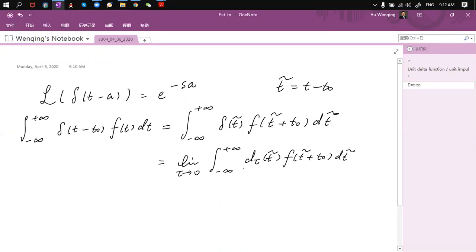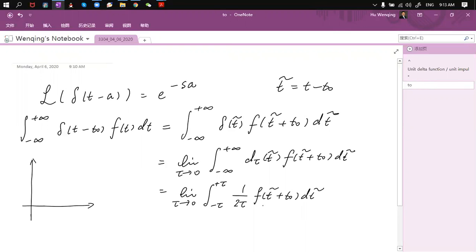And what is delta tau? Remember, delta tau is nothing but the integral from minus tau to plus tau, with 1 over 2 tau, right? So that's 1 over 2 tau times the integral of f of t tilde plus t0 dt tilde, where the limit is as tau goes to 0. So what happened here is that you can see this is nothing but talking about the following function.